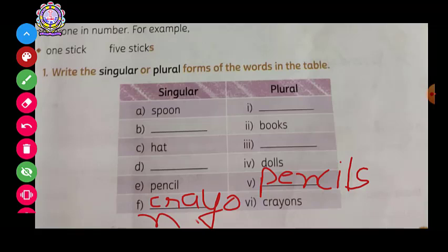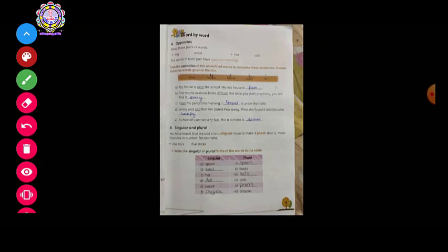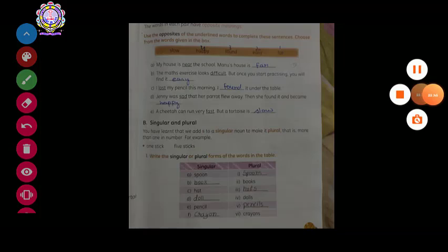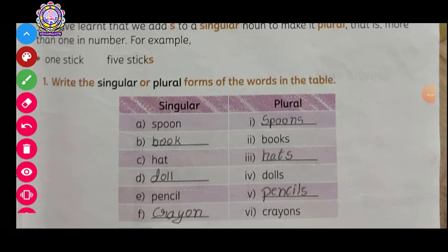I think it's clear, and if not, then you can see further. I've written it here. You can copy it from here. Spoon, spoons. Books, book. Hat, hats. Dolls, doll. Pencil, pencils. Crayons, crayon.